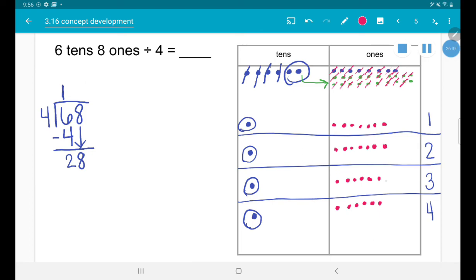You should have put 28 things into 4 equal groups. 28 is a multiple of 4, so you should not have any left over.